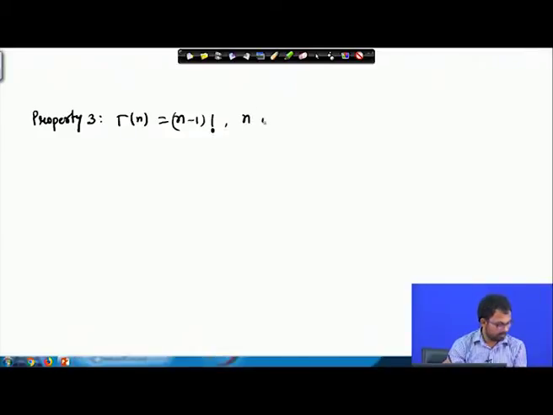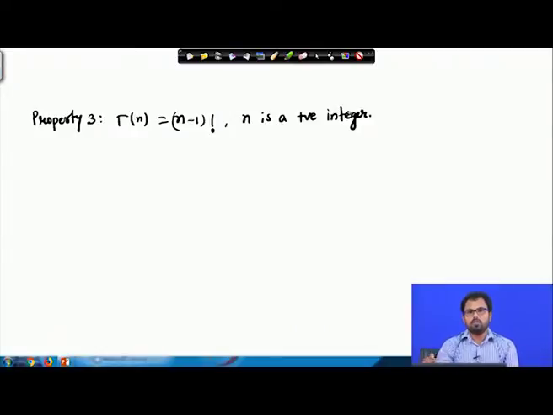Now, we have the third property. So, property 3, which is basically gamma n equals n minus 1 factorial, where n is a positive integer.